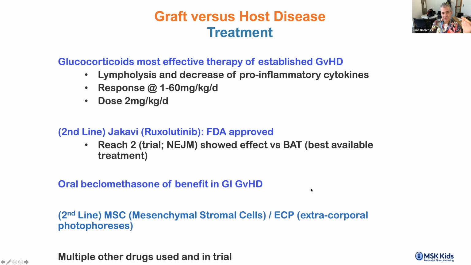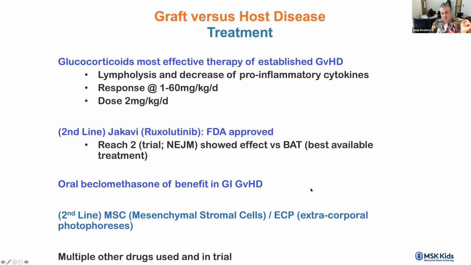So here the treatments: steroids, first line; second line treatment, there's actually only one FDA approved second line treatment. So that's what we use here at, let's say, MSK. But if that fails, you go to other treatments, and it's mainly anecdotal data. So we have at MSK also third line treatment. So we use either MSCs or, let's say, ECP.